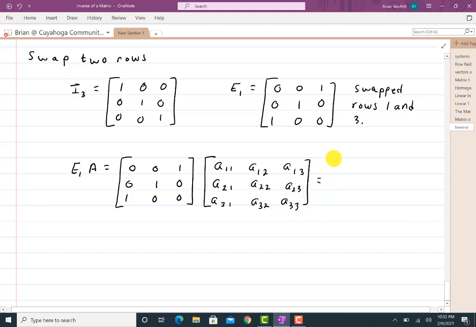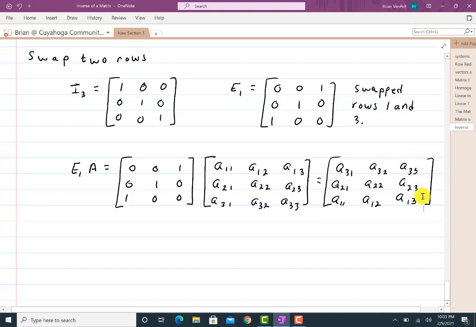Now when I multiply them, here's what happens. I will swap the third row with the first row in A. That'll be the effect. And once again, multiply any of these out that you think you need to see the details, but there's nothing really fancy here. It will multiply out and see rows 1 and 3. Here's row 3 originally, here's row 1 originally.